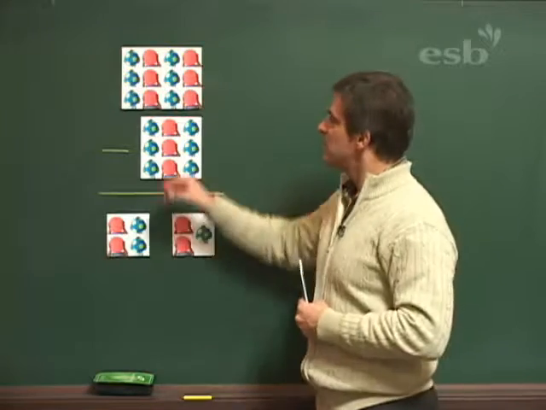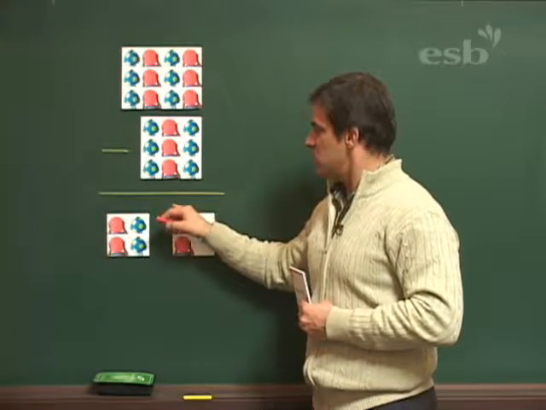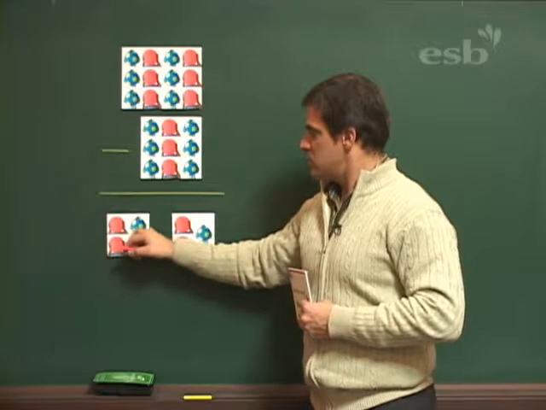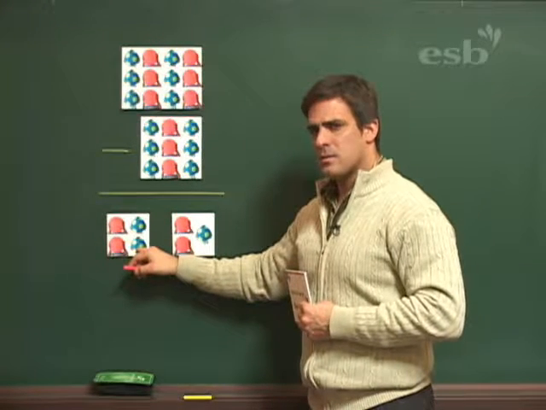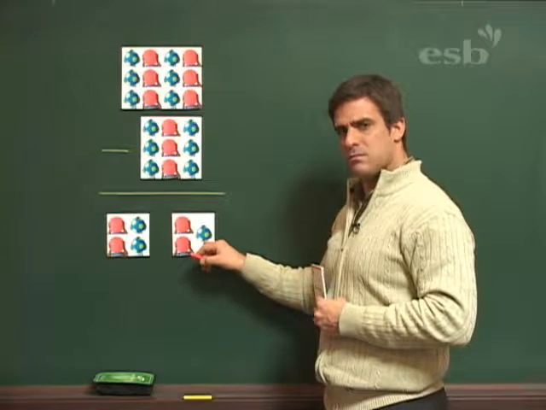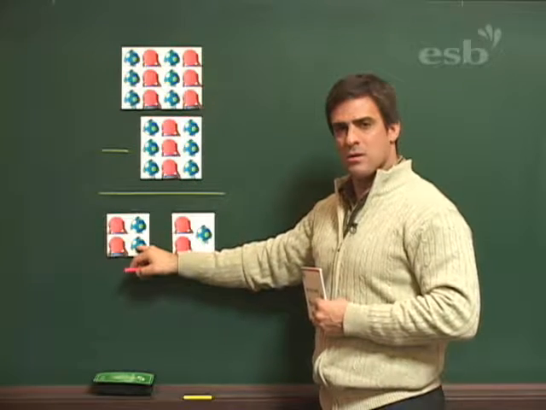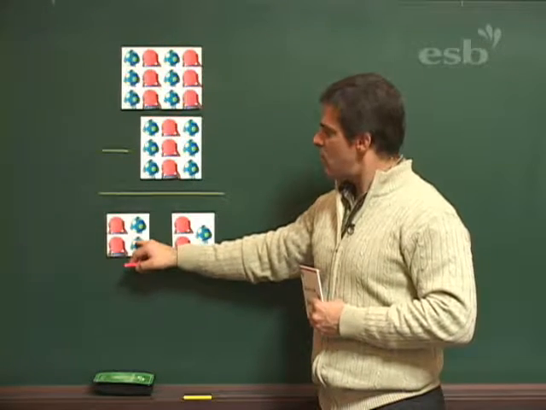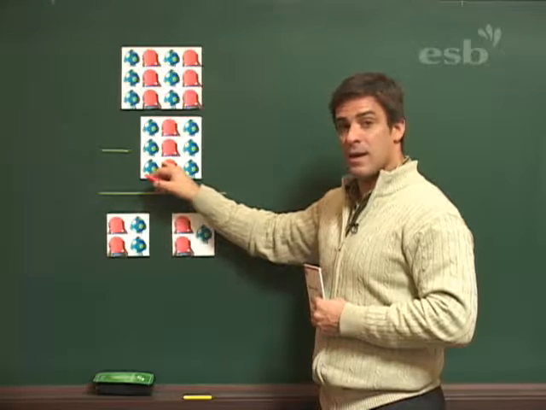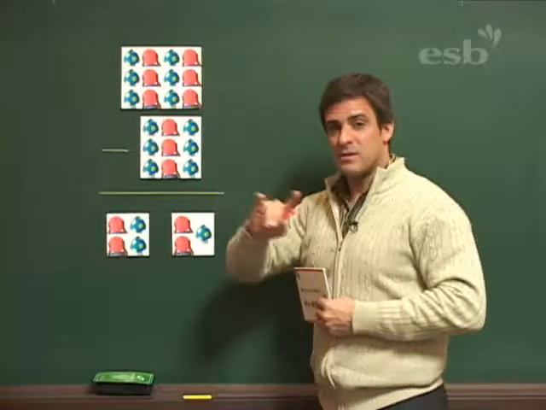Are you ready? 12 minus 9 equals 1, 2, 3, 4, or 1, 2, 3. 12 minus 9 equals 4. 4 plus 9 equals 12? No.